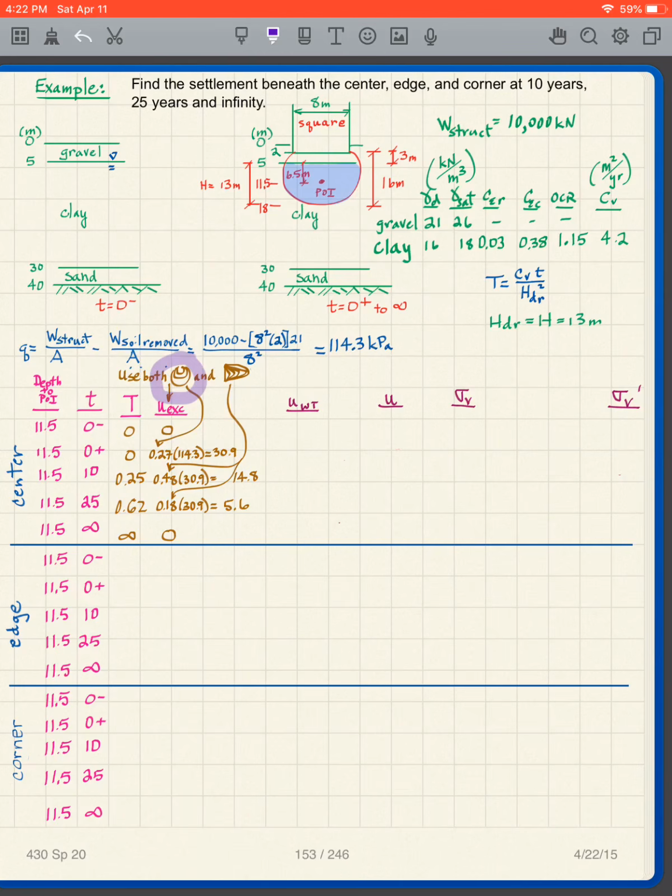I use the pressure bulb to get the initial excess pore pressure. I'm below the center, we have our Z sub F and all those things. You read the pressure bulb diagram and you get your pressure bulb factor of 0.27.